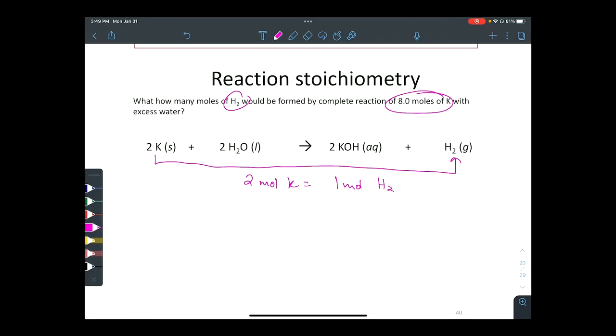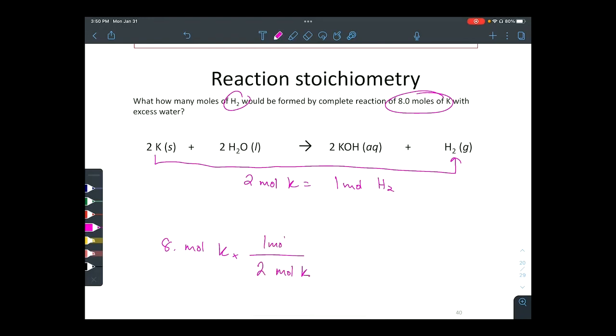You see where I got that? That's just using the coefficients on the balanced chemical equation. Let's start with what's given, 8 moles of potassium. We want to figure out how many moles of hydrogen are produced. So if we take the equality we just wrote, 2 moles of potassium will go on the bottom.